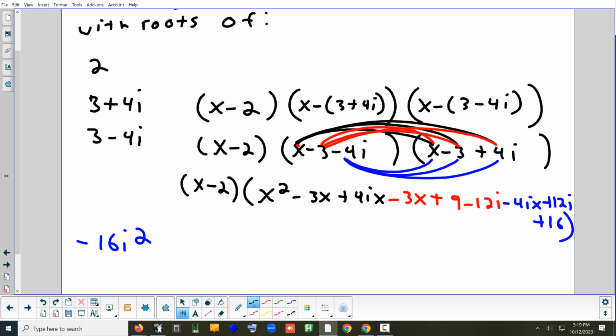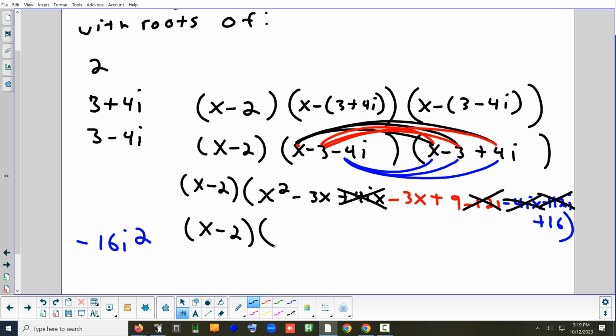Okay, so now, if nothing canceled there, that would be a mess to have to FOIL with x minus 2, but a lot of it is going to disappear. What cancels out? Plus 4ix and minus 4ix. Yep. Negative 12i and positive 12i. Okay, so now we're left with x minus 2.